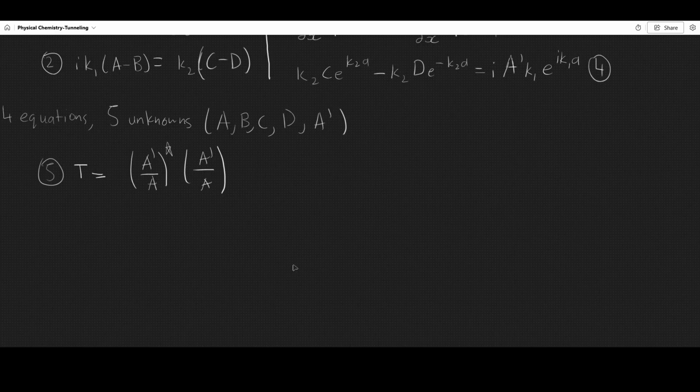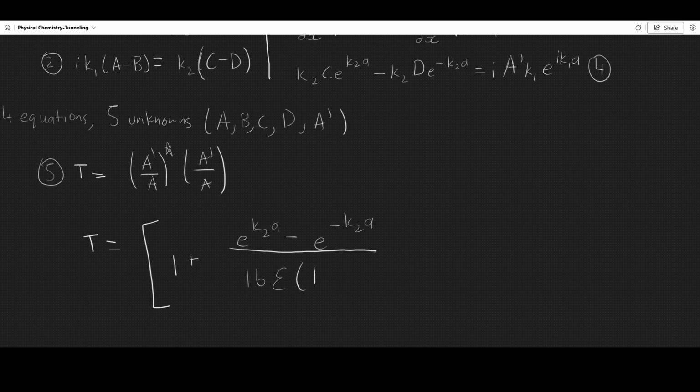If we solve for the transmission coefficient, we essentially get 1 plus e to the k2 a minus e to the minus k2 a, all of that over 16 epsilon, all of this to the minus 1, where epsilon is essentially the ratio of the particle's energy to the potential of the barrier.